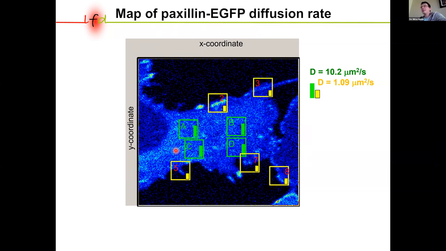But if you shift your attention to other regions near focal adhesions, you see there the paxillin-EGFP is moving much slower, 10 times slower, about 1 micrometer squared per second. And you can even find other regions where it's down to less than 1 micrometer squared per second.